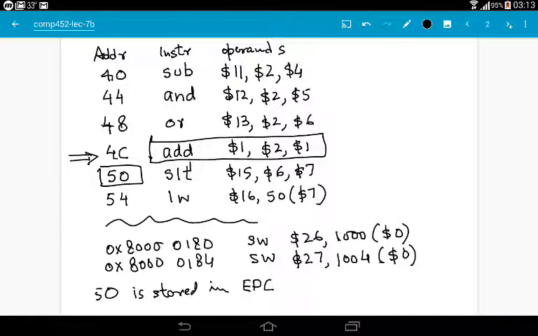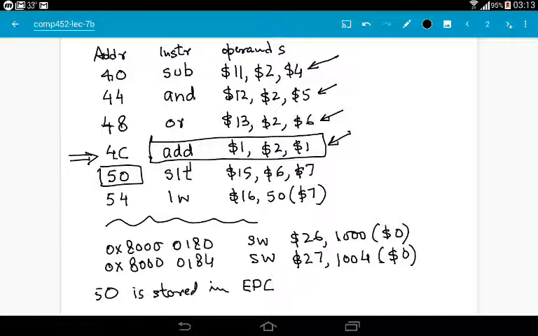In the first clock cycle, this instruction goes into fetch. In the second one, this goes into fetch. In the third clock cycle, this goes into fetch. In the fourth clock cycle, this one goes into fetch.